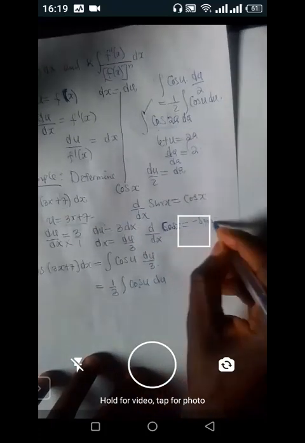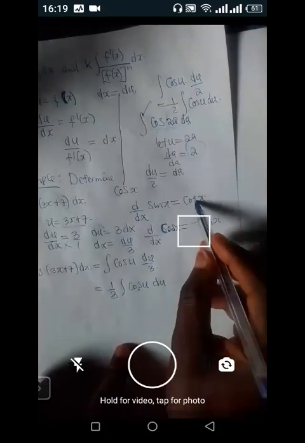So when you integrate both sides, you are just reversing things. The integral of this one is simply sine x. So this is going to be 1 over 3 sine u plus some constant c.